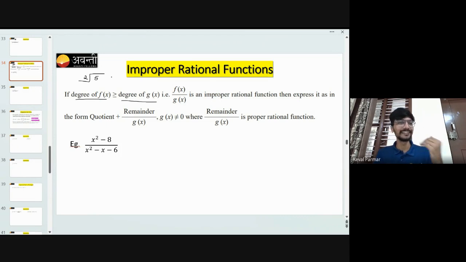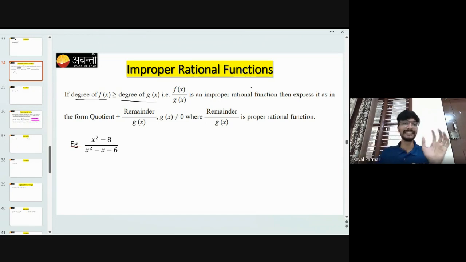So similarly here we'll divide the polynomial, and finally your favorite formula: dividend equals divisor into quotient plus remainder. We did this a lot in NCERT in 9th-10th standard. So the rational function can be expressed as quotient plus remainder upon g of x.